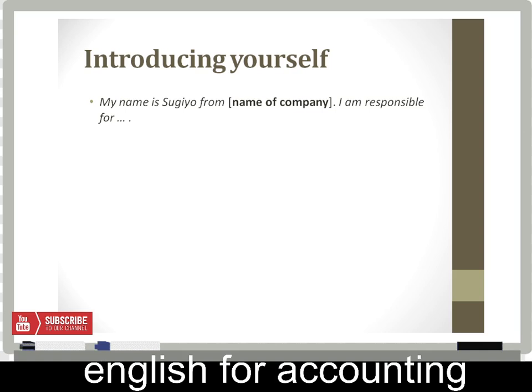You say your name, from the company, and then don't forget to say your position, because when you say your position, you will be seen as a credible presenter. Jadi Anda harus menyebutkan selain nama perusahaan, juga jabatan Anda apa, sehingga Anda layak memberikan presentasi di depan audiens, gitu ya.